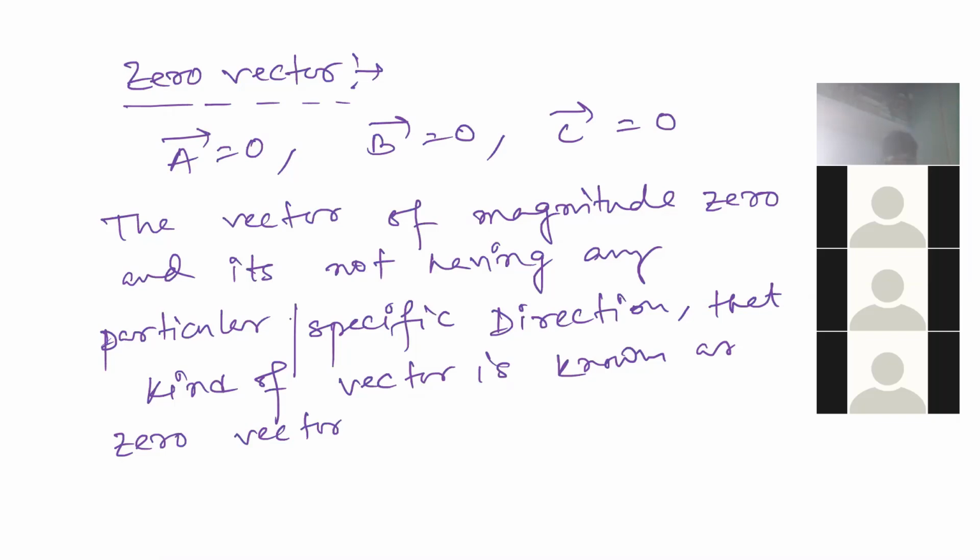Sometimes what happens is, whenever we calculate, suppose we are adding two vectors or subtracting two vectors, finally we get the answer as 0. Then we can say that it is a zero vector. In the chapter of vectors, there are two specific laws that we have to study. One is the triangle law of vector addition.